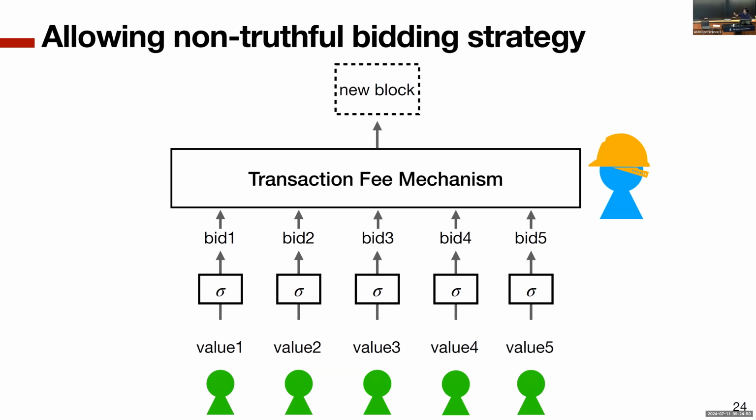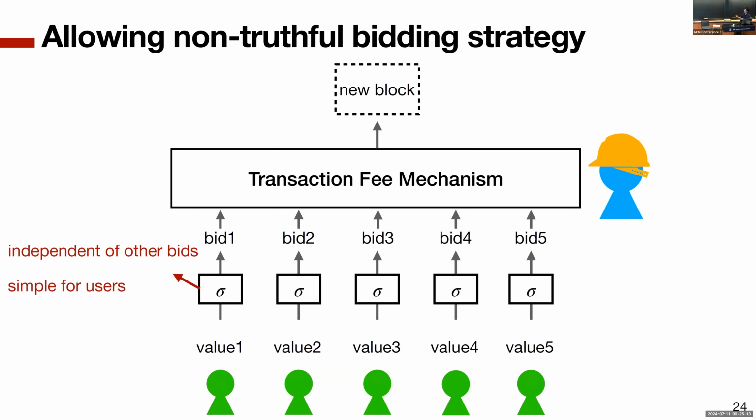And here, what is really important is that we require this non-truthful bidding strategy to be easy, simple to use. And by simple, I mean it should be independent of other bids. We don't want it to turn out that the equilibrium is that all users have to enter an off-chain agreement.